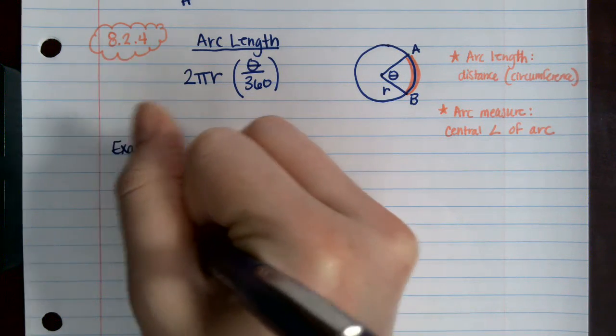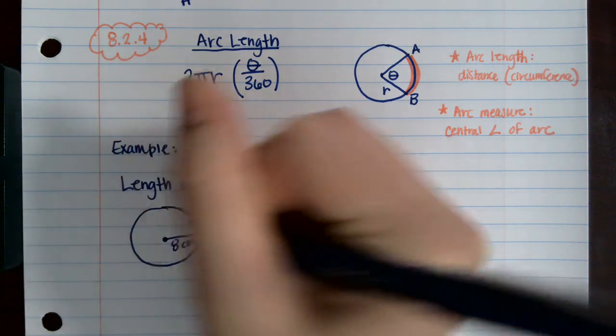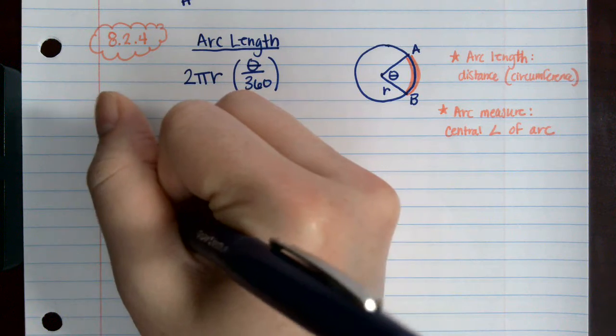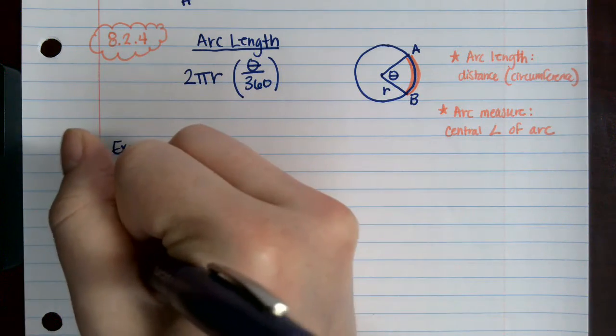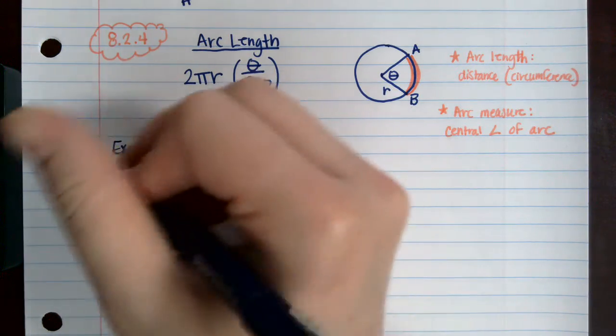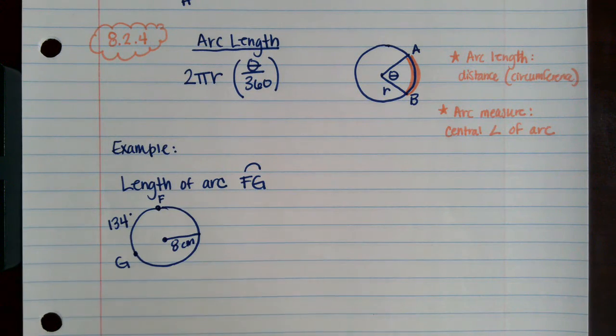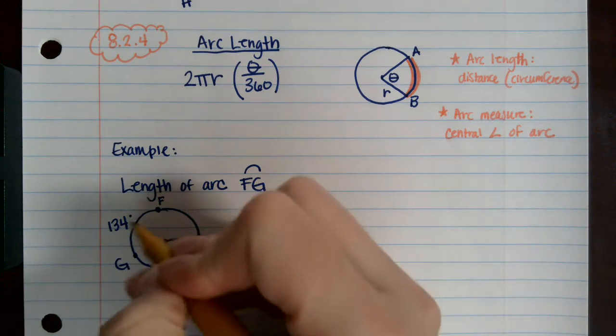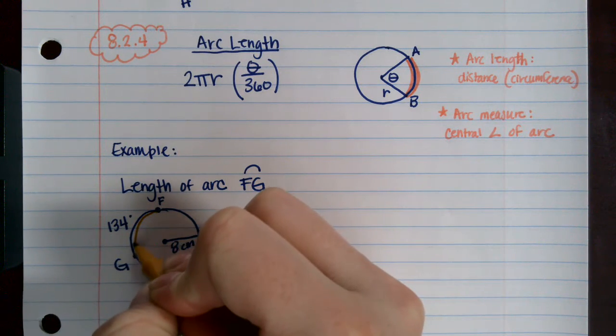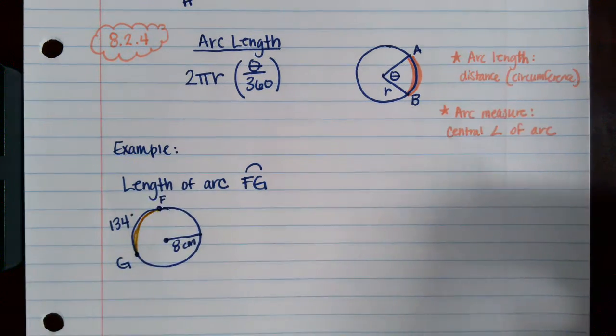And we have our radius, which is 8 centimeters, and arc FG is 134 degrees. And so what we're trying to find is the length of arc FG. So again, if we're walking along this path, how far have we walked?